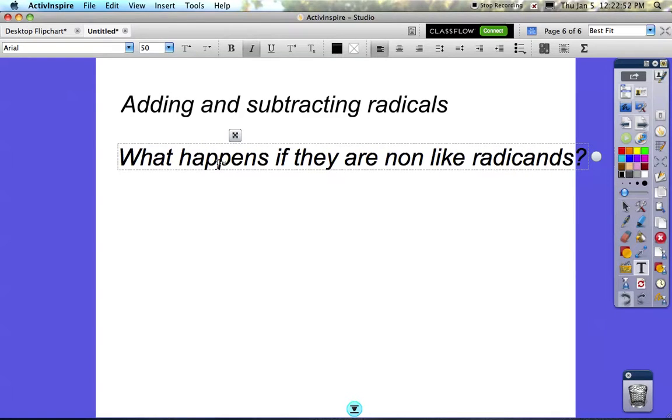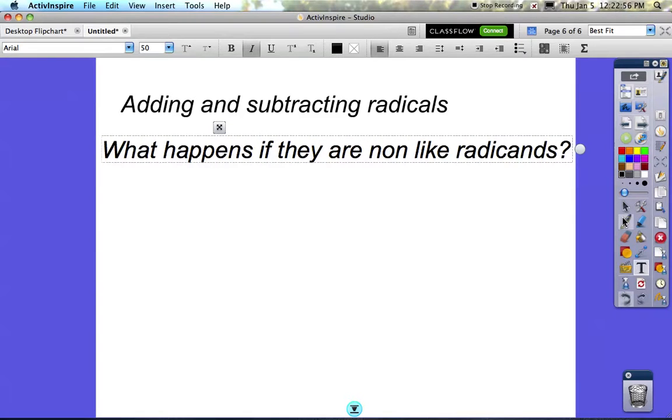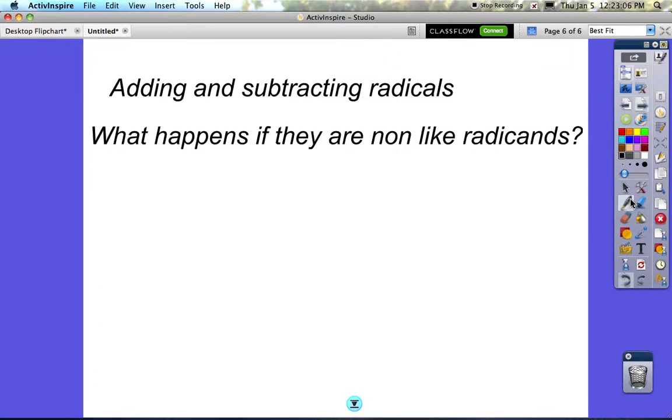So what happens if you have non-like radicands? Okay, an example of that would be, you've got the square root of 12 plus the square root of 48.